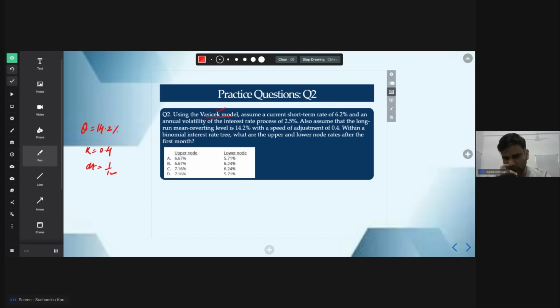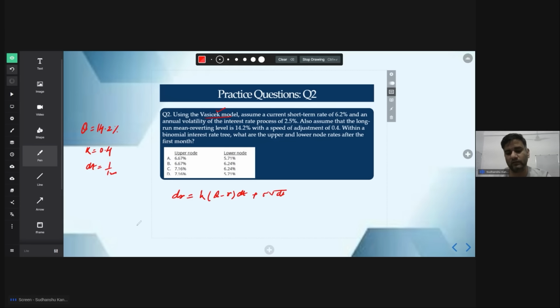I don't think there should be any problem if you know the formula, which we calculated in the theory part also. dr is equal to K times theta minus r dt plus sigma root dt. Very simple.